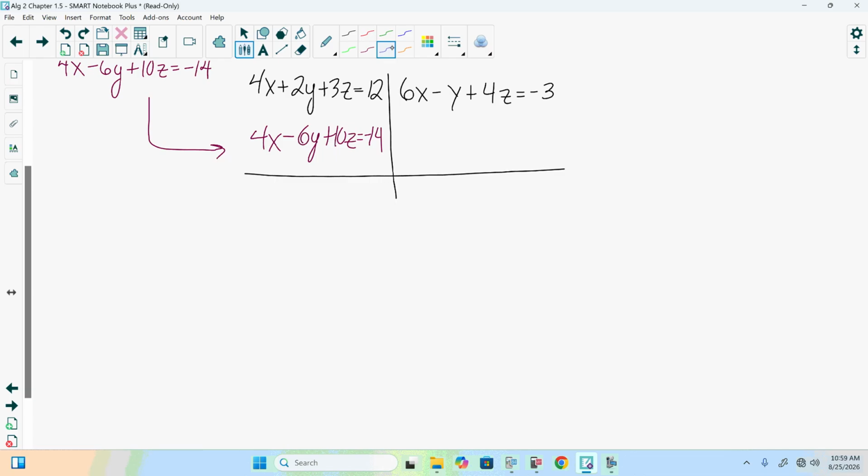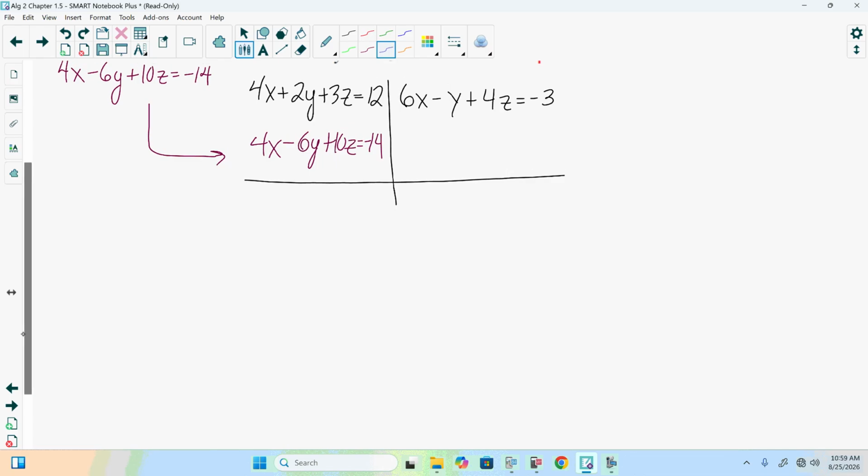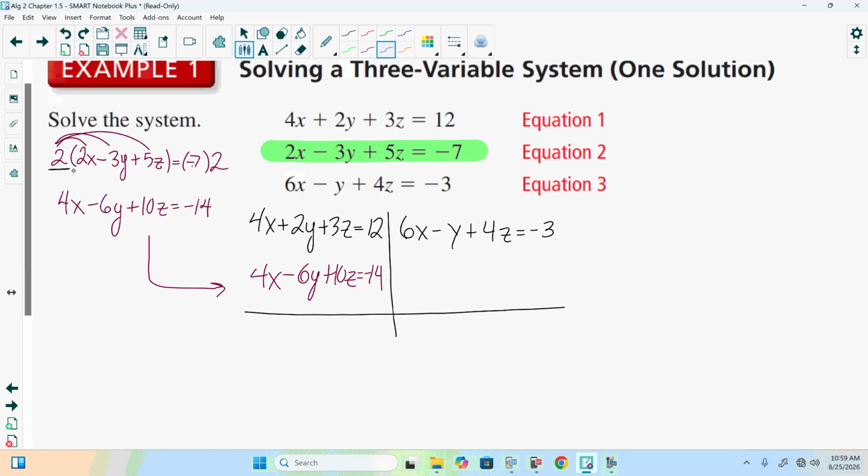Questions on what we've done so far? Yes. So we picked this 2 specifically because what we're wanting to do is get these x's here to go away. We want them to eliminate. Now, the way we eliminate is by adding or subtracting the two equations together.